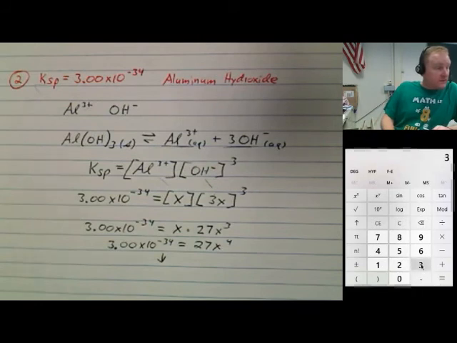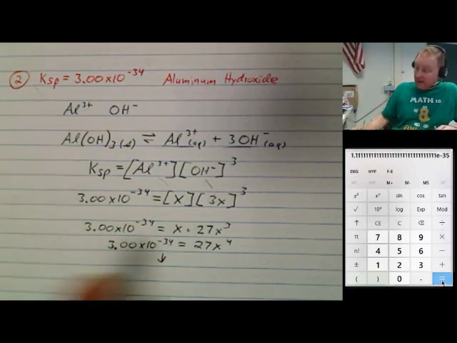So let's take 3 times 10 to the negative 34th, and then divide by 27.